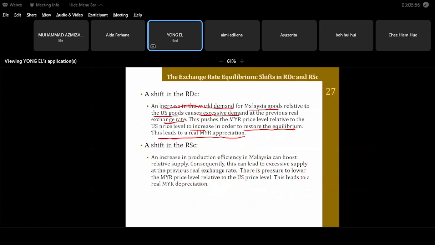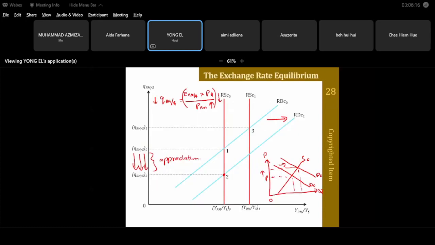You can also read the explanation here. Malaysian's price relative to US price increases in order to restore the equilibrium, because this increase in price level will cause the Malaysian ringgit to appreciate against the US dollar, and that will reduce the US demand for Malaysian goods.